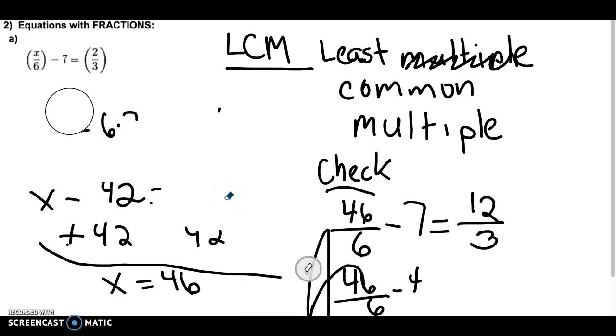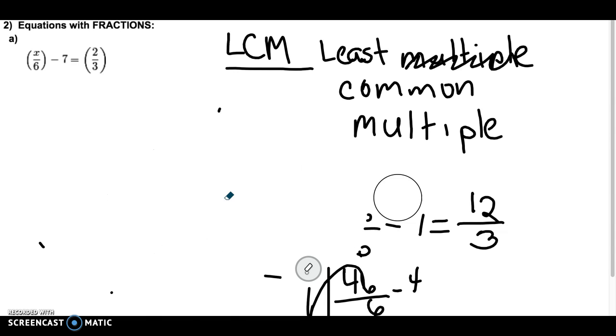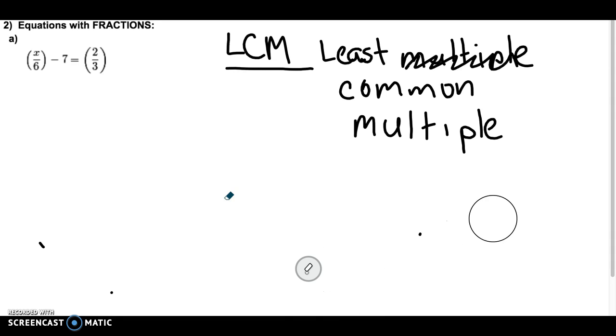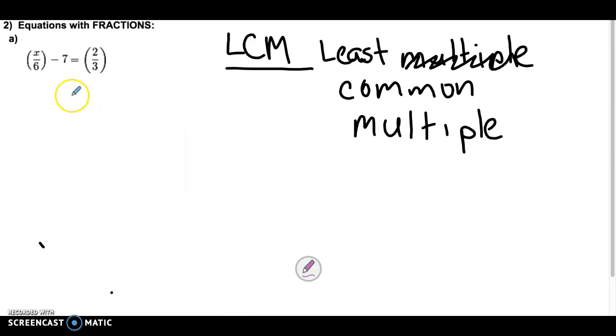Now we're going to deal with fractions. So don't let fractions scare you. I have here you want the least common multiple. That's what you're looking for. So the smallest number that both denominators go into, because we're going to look at the denominator, which is the bottom number. All right, so our two numbers are 6 and 3, and the smallest number they both go into is 6.